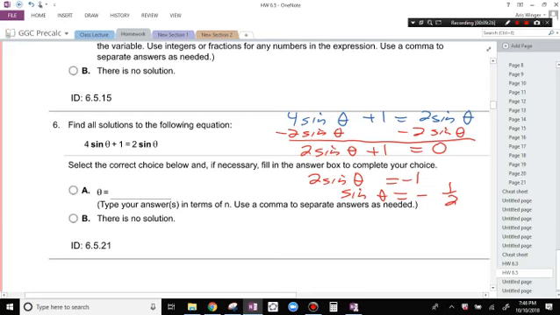Sine theta equals -1/2. And then we go back to the circle. The reference angle for the sine of theta being 1/2 is pi over 6. So for -1/2, we're talking about theta being in the 3rd and 4th quadrant.